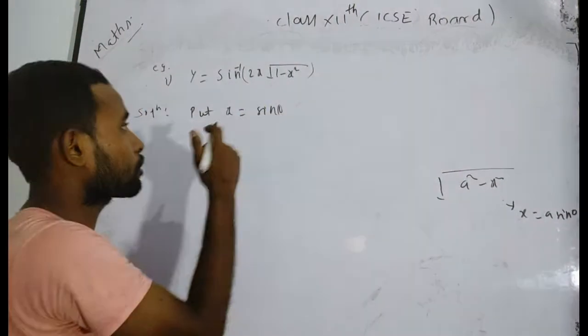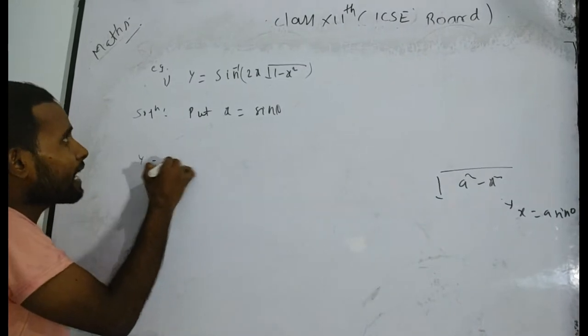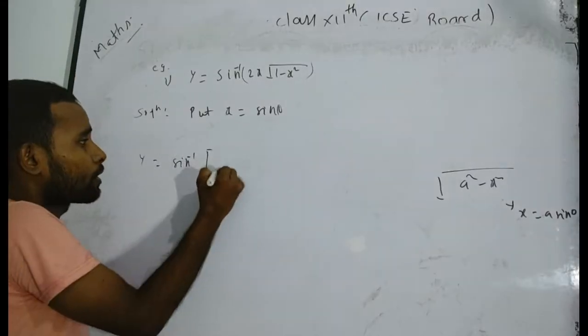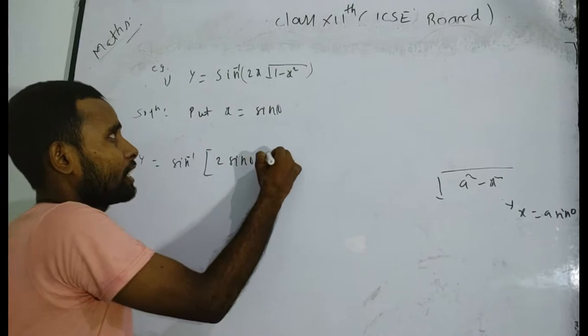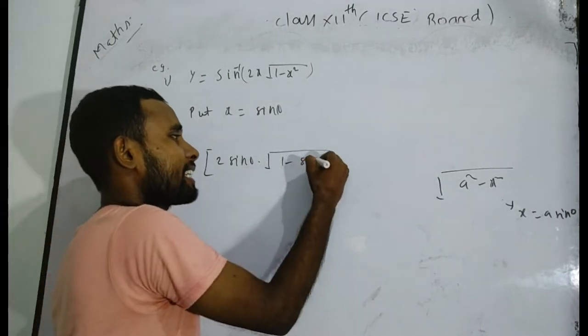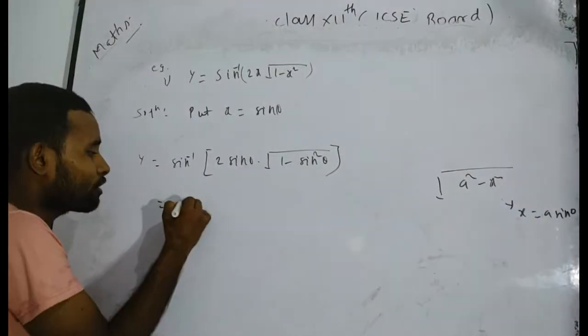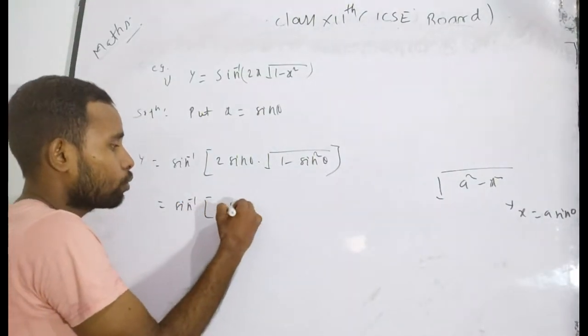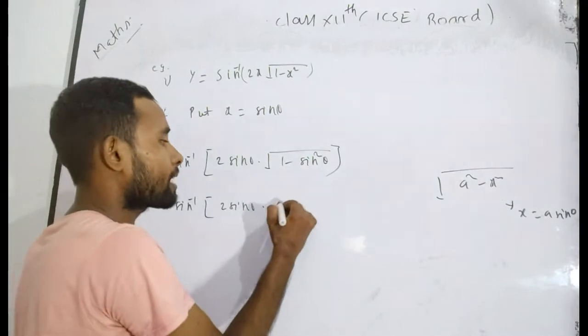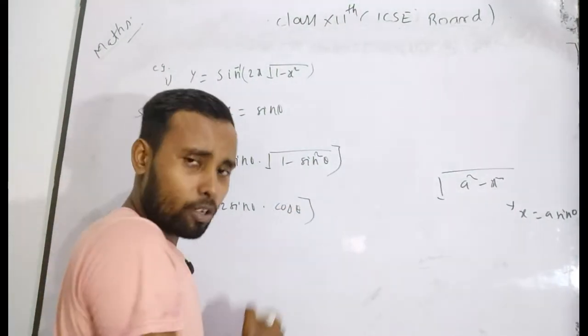If you put x is equal to sin theta, then y looks like sin inverse of 2 times sin theta into under root 1 minus sin square theta. I think you understand very well. Again, can you write 2 sin theta into under root 1 minus sin square theta is equal to what? Cos theta.